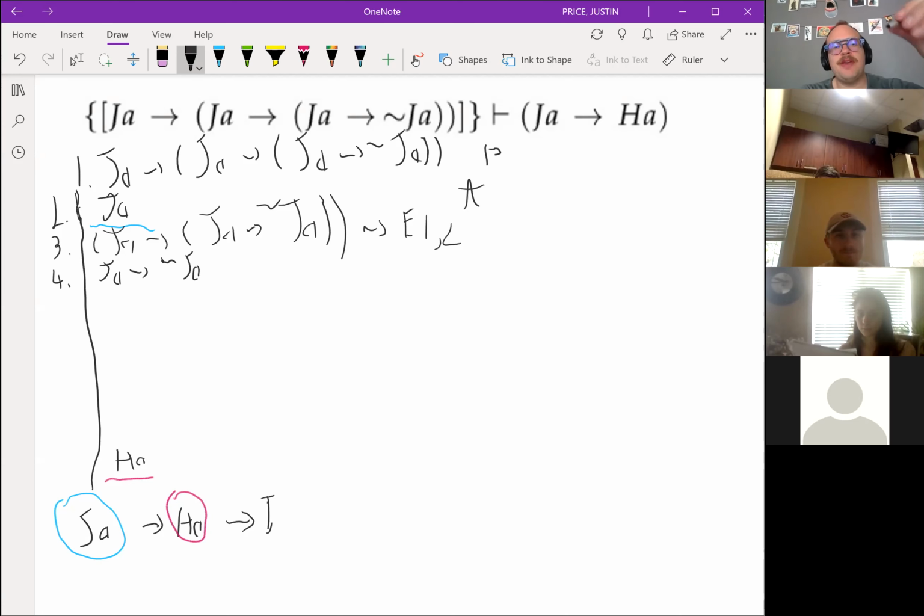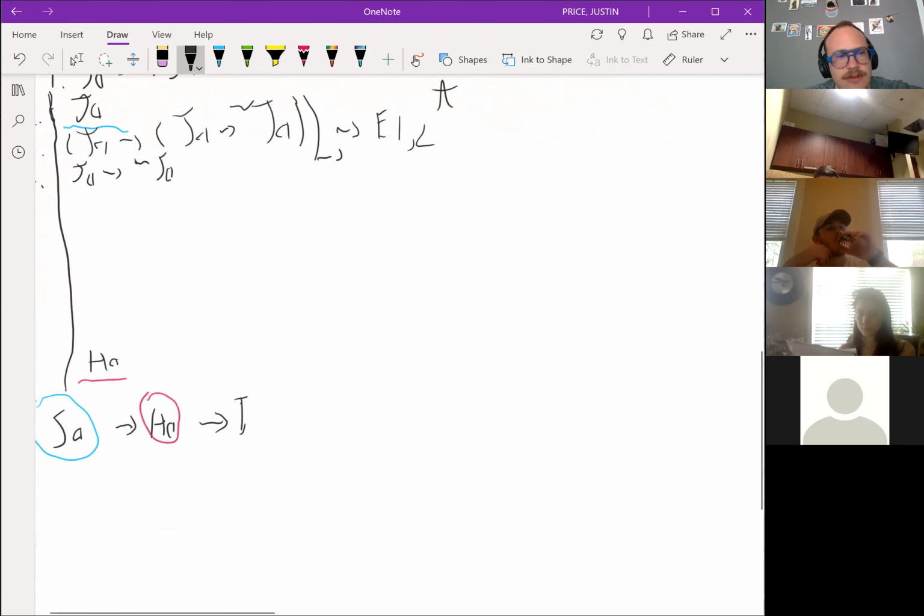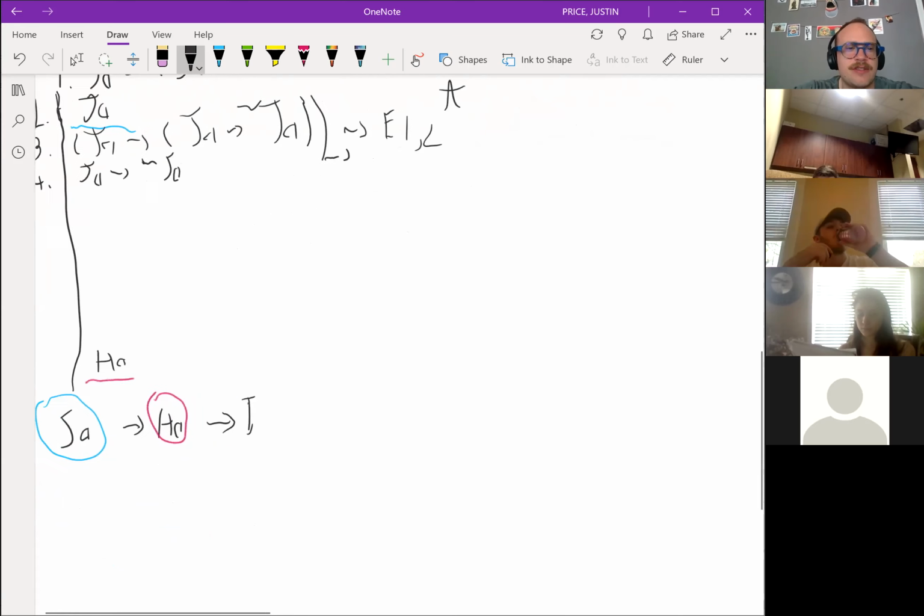So at this point, you might be asking, what are we working for here? Are we just eliminating these conditionals because we can, or do we have a purpose? The answer is we do have a purpose.